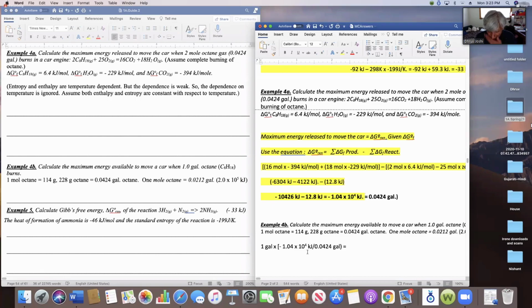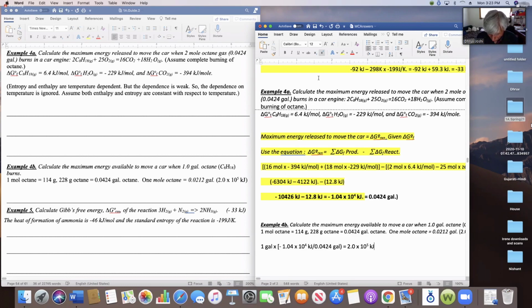That equals 2.0 multiplied by 10 to the 5 kilojoules. A lot of energy. We burn 1 gallon of gasoline, and this much energy is produced that can be used to move the car. A lot of energy.